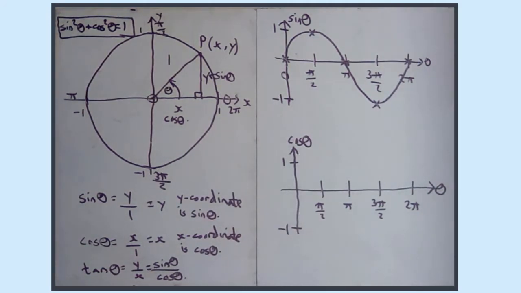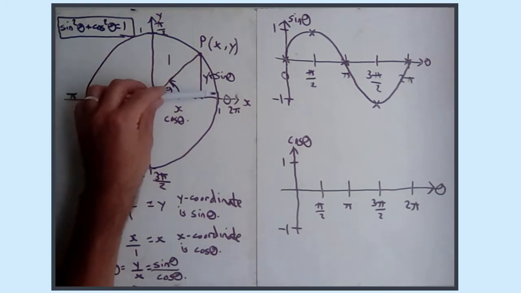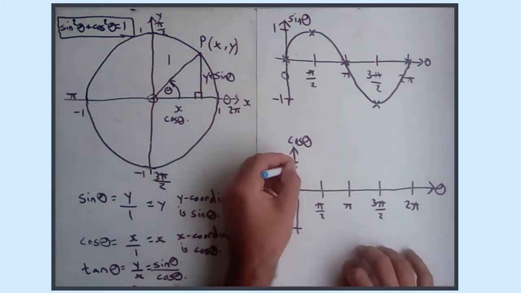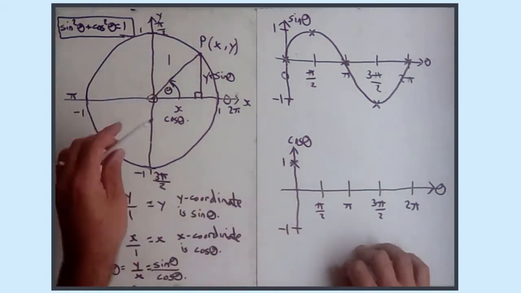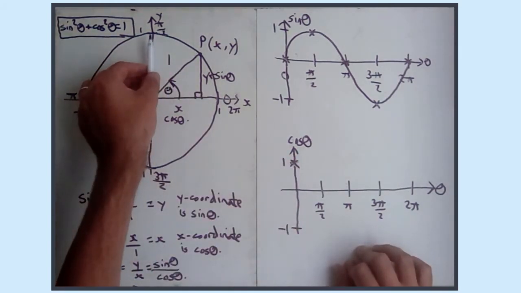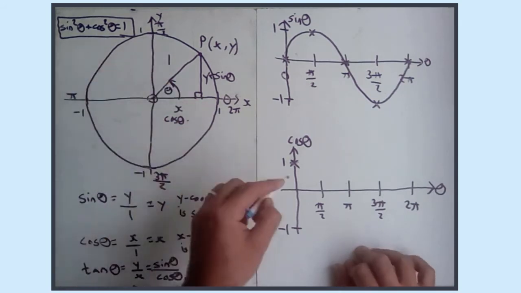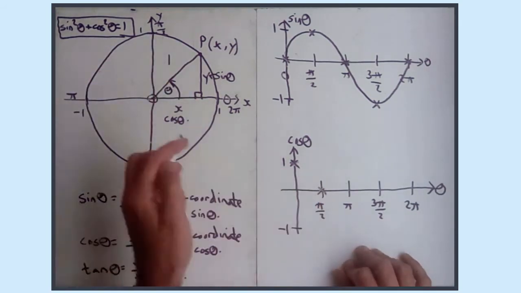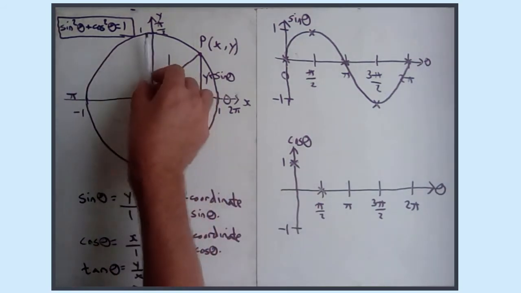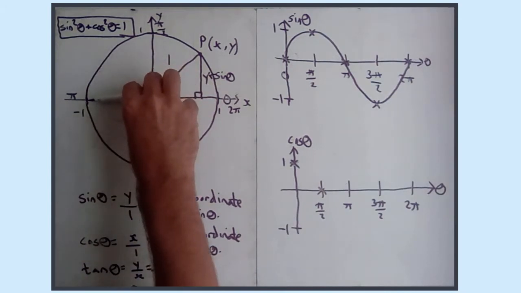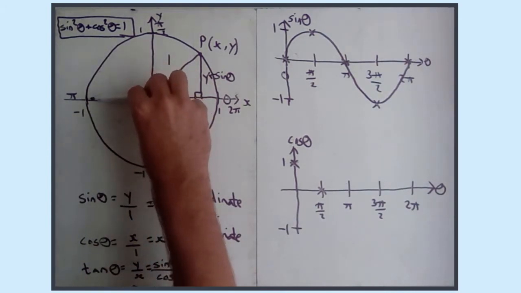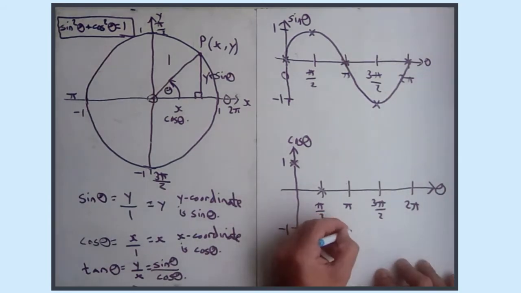Right, remember cos theta is the x coordinate, so it's here. You can see that cos 0 is 1. We're pointing at 1, so it starts here. As we go around to pi by 2, the x coordinate there is 0. So cos pi by 2 is 0. Then we go around to pi, and we are at -1 as far as our horizontal coordinate goes. So down to -1 like that.